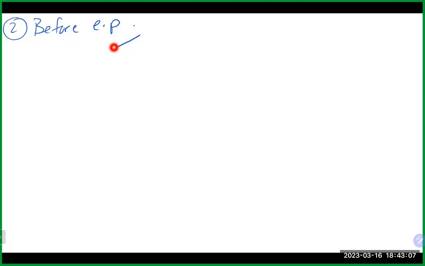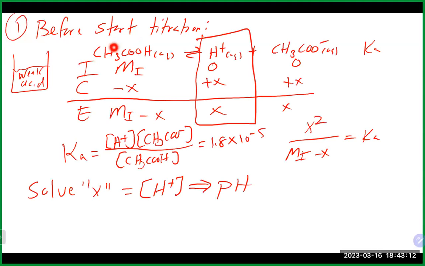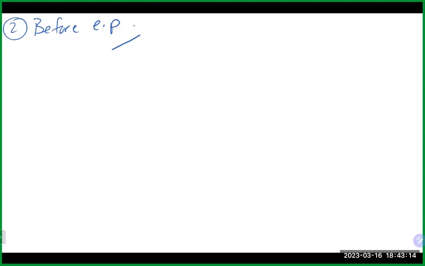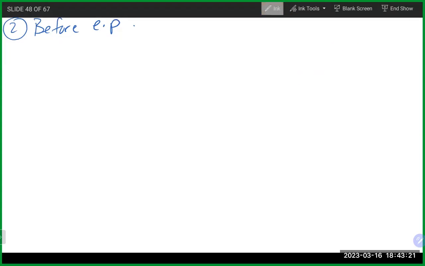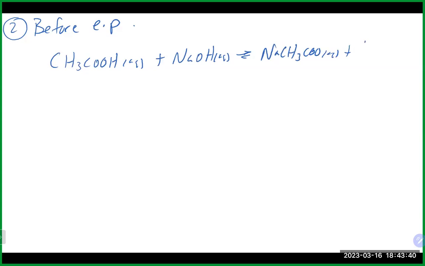And in this case, we would get a reaction, and a reaction would be our acetic acid reacting with our sodium hydroxide. So we'll have our acetic acid reacting with our sodium hydroxide, going to do a double displacement reaction here, going to give us some sodium acetate and some water here.